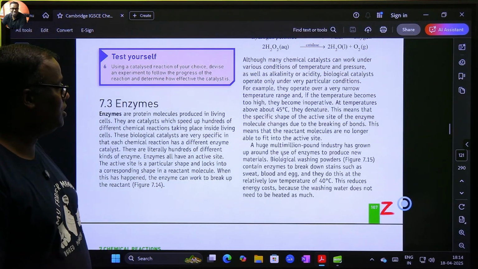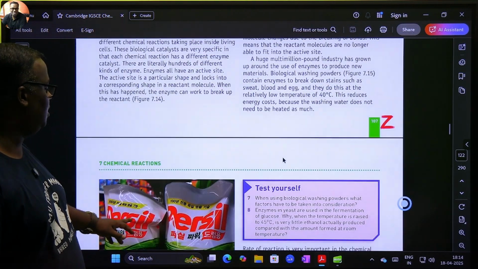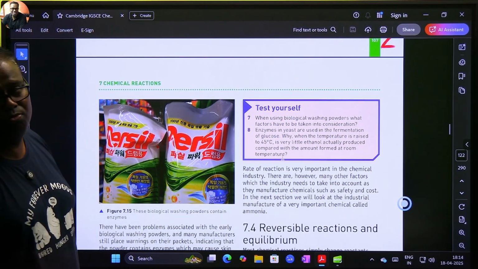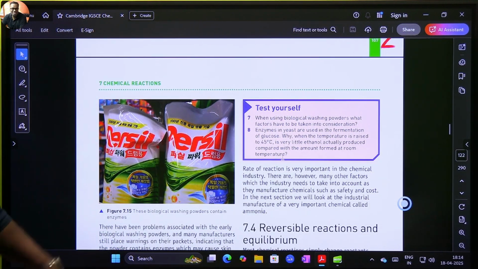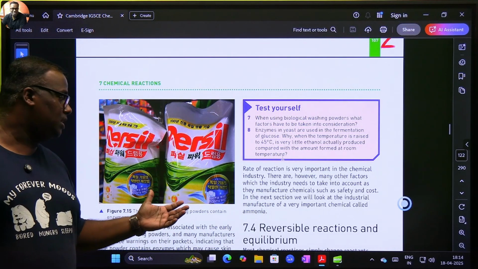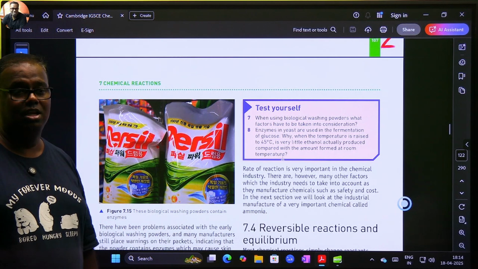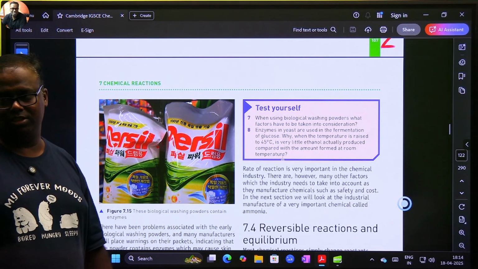And this question comes: these biological washing powders with biological catalysts always have warning signs on them. Used to be, since they contain certain enzymes which do not react properly with your hands, causing a lot of rash and other things.